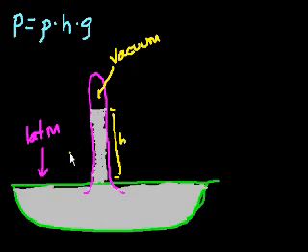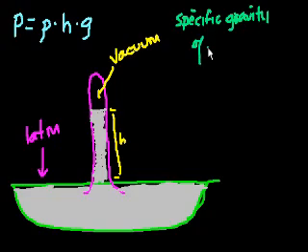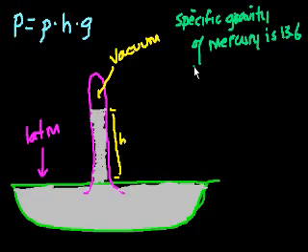Oh, and a couple of things we have to know before we do this problem. It's mercury, and we know that the specific gravity of mercury, and I'm using this terminology because with a lot of these problems the hardest part is the terminology, is 13.6. That's often a daunting statement on a test when you know how to do all the math and all of a sudden you wonder what is specific gravity.